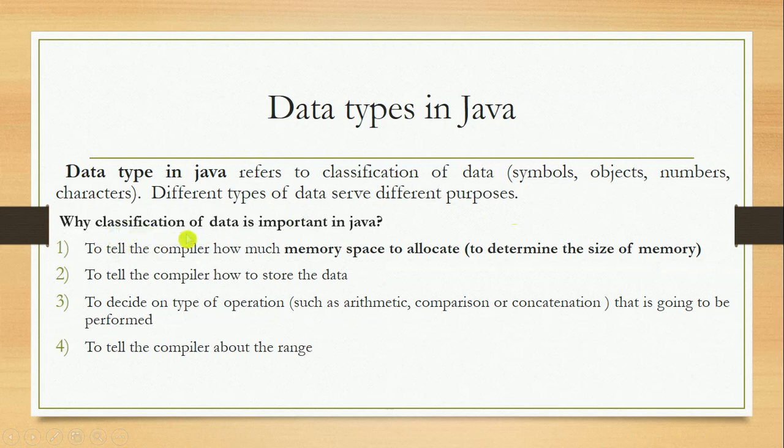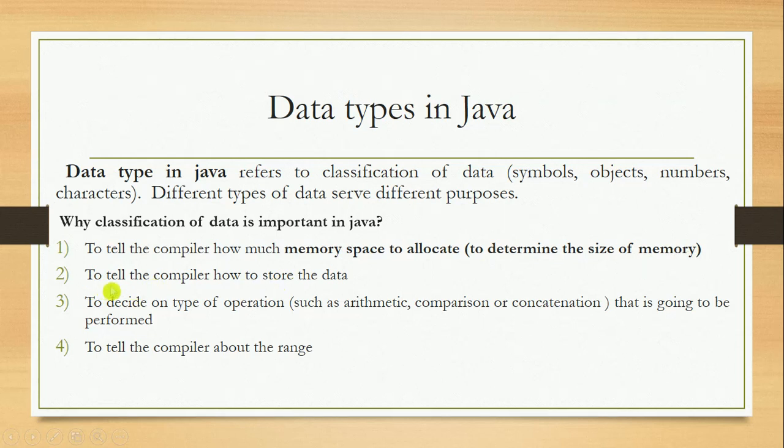Why classification of data is important in Java? Classification of data is crucial in Java for the following reasons. Number one, to tell the compiler how much memory space to allocate or to determine the size of memory.